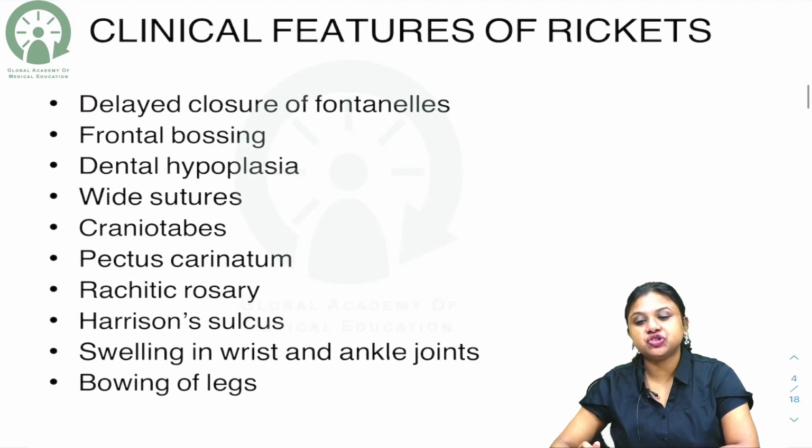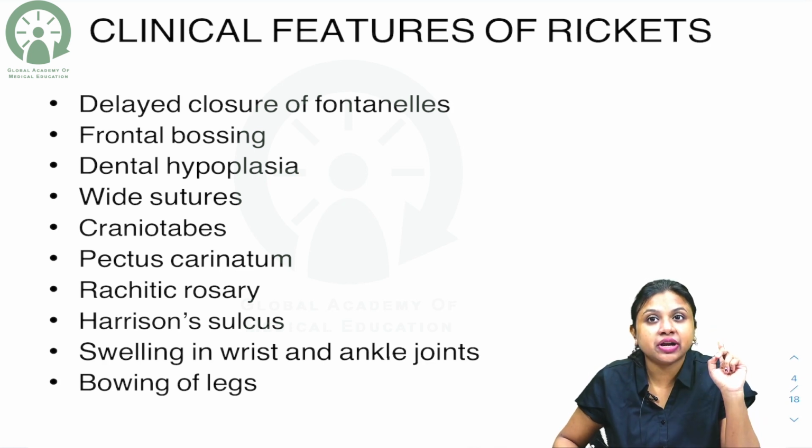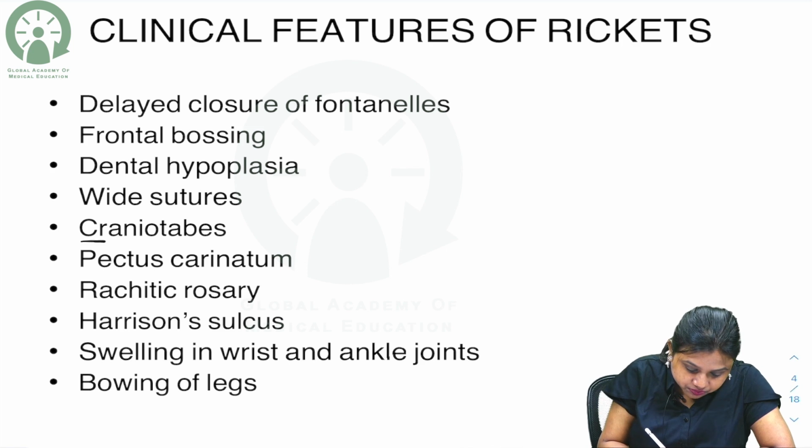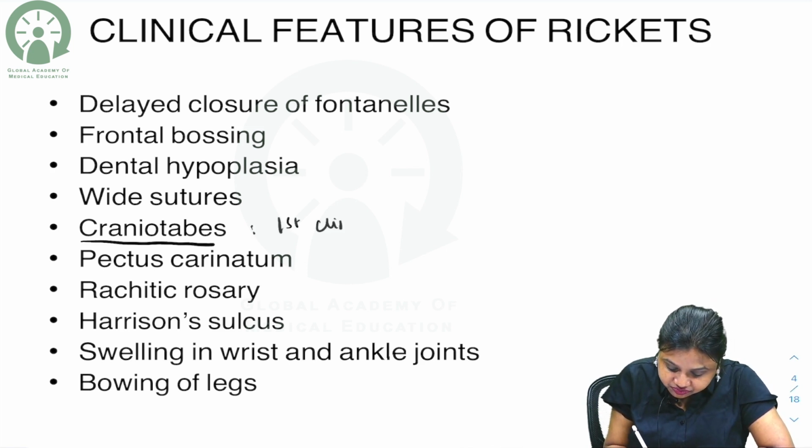Coming to the clinical features of rickets. The first clinical sign of rickets is craniotabes. So this is the first clinical sign, or you can say it is the earliest clinical sign.